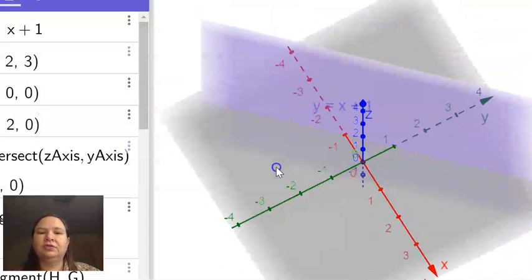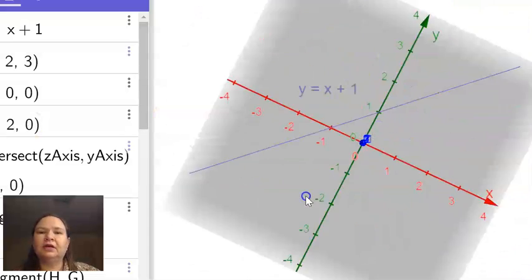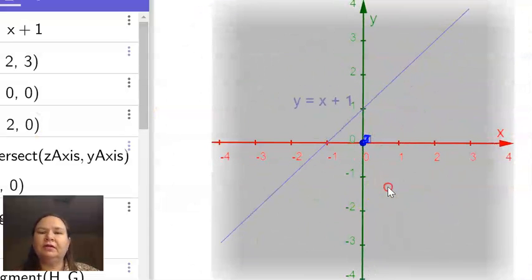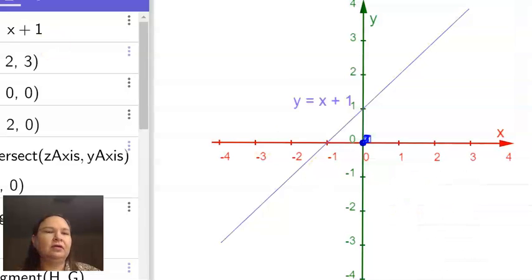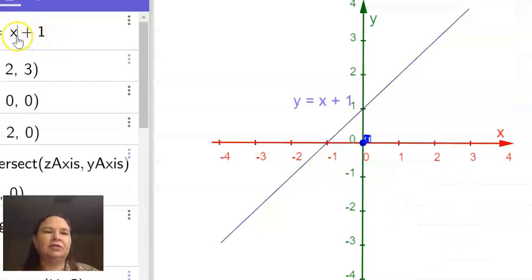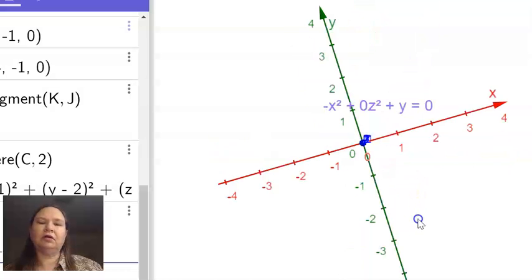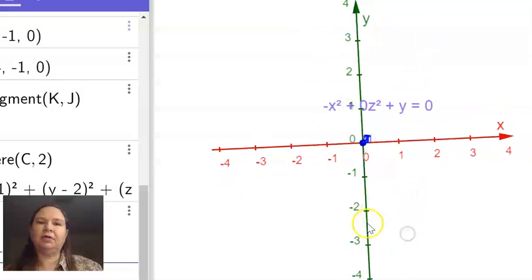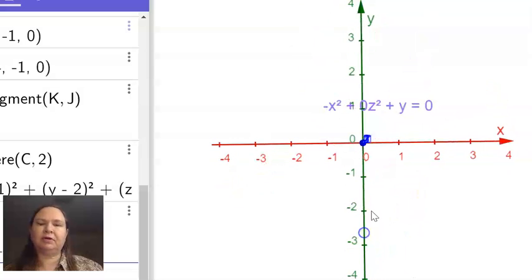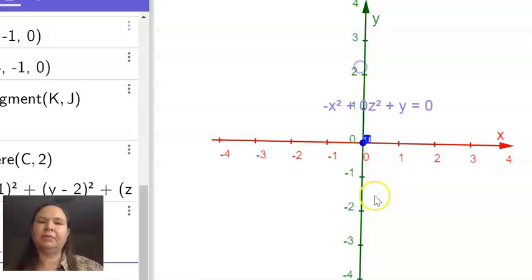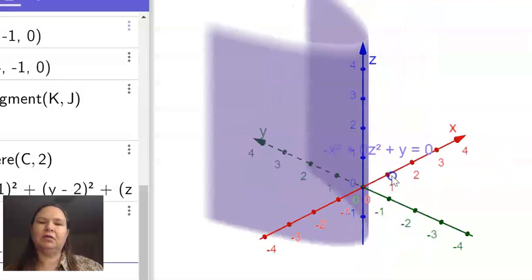You can actually do something a lot like this with any equation. So if instead of having just an equation of a line, I had a parabola, y equals x squared, then that would be a parabola when you looked at it in the xy plane. I'm not quite sure why it's not showing up. There.